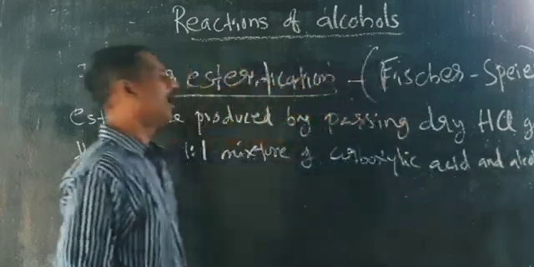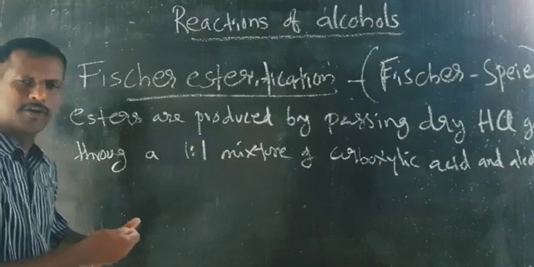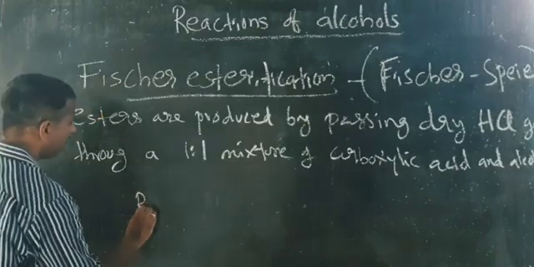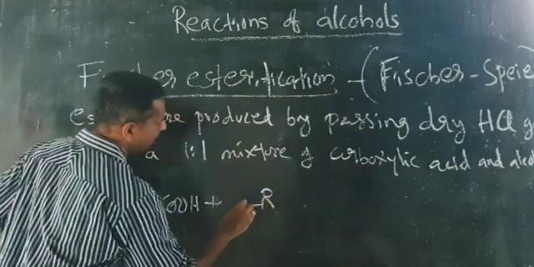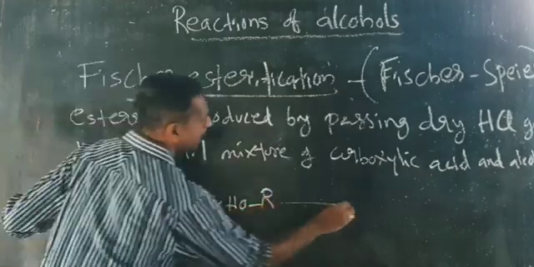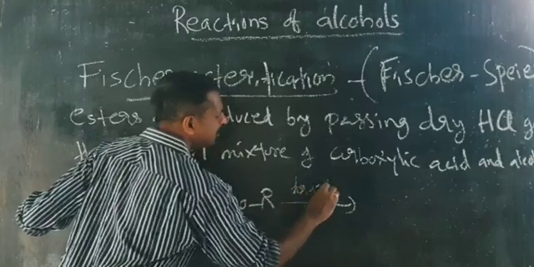Carboxylic acid and alcohol. That means the equation and everything is the same. RCOOH, carboxylic acid, reacts with the alcohol, ROH or R'OH, in the presence of dry HCl.